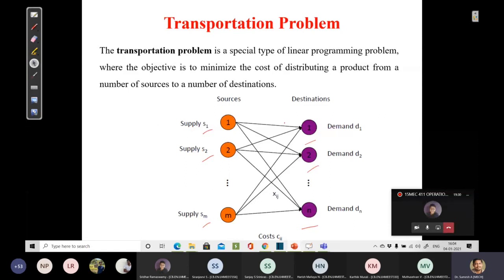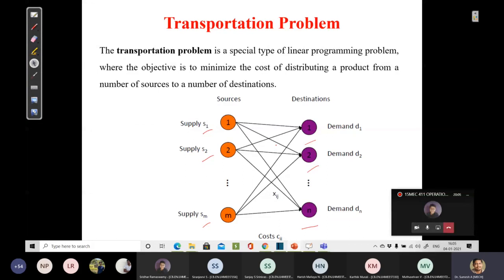So you need to find the optimum route, that is, what quantity of product you can transfer from source 1 to destination 1, or source 2 to destination 1, or source 2 to destination 2.